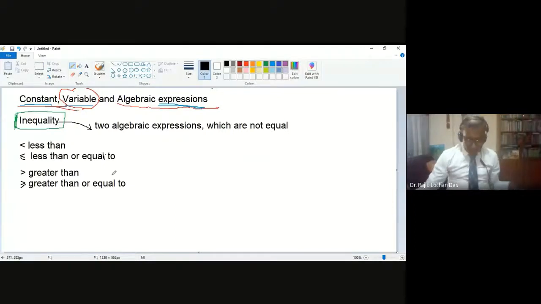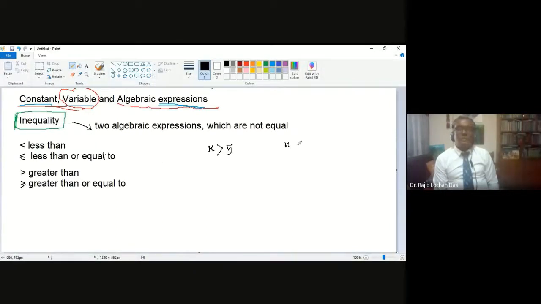Okay, so these are the symbols we use sometimes. So if you just think about something, say x is greater than 5, then you understand x can be 6 or 7 or 8 or 9 or 10, something like that. So x can be what? More than 5.